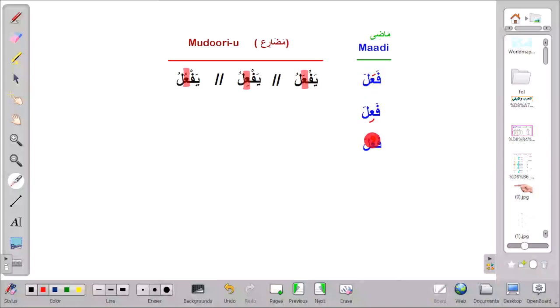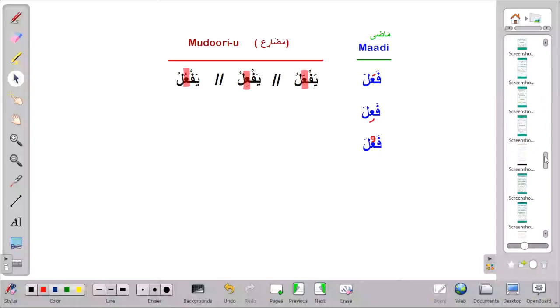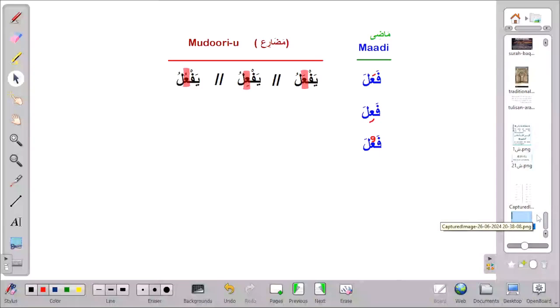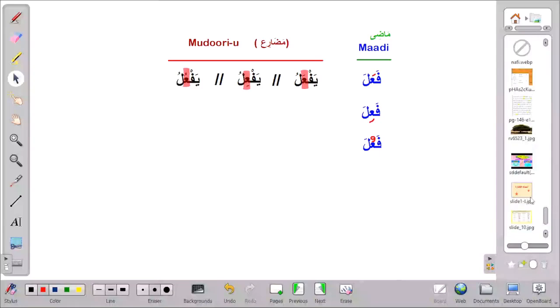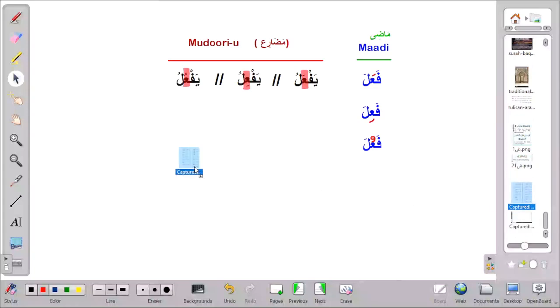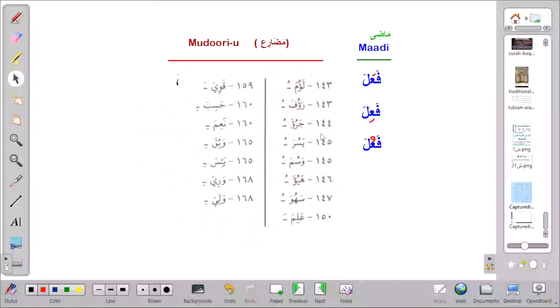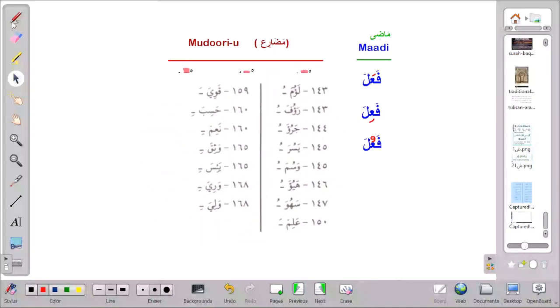So any 3-letter verb that we have learned so far, observe it very well. Let me try to bring up some verbs here. I hope you can see this is what I'm talking about.